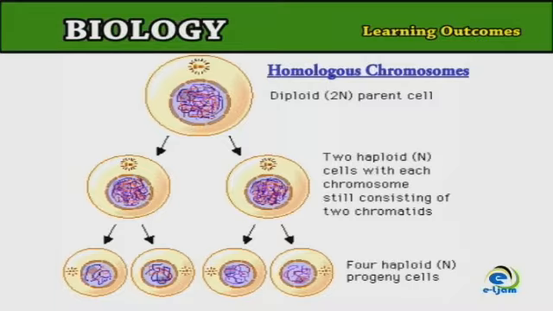This is the actual reduction division because each of the 2 nuclei so formed contains only half of the original chromosomes. The daughter nuclei then divide by mitosis and 4 haploid cells are produced. With these basic ideas in mind, let us examine in detail the events that take place during meiosis.